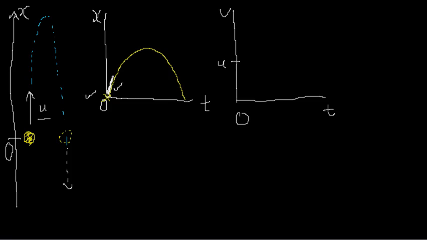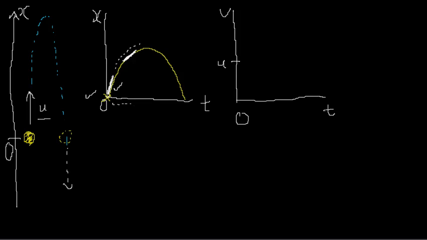And as time passes, the ball will move up. If we follow it on the graph, the ball will follow the graph like this, and we can see that the slope of the graph decreases. When we're around here, the slope is not as steep as it was at the start.